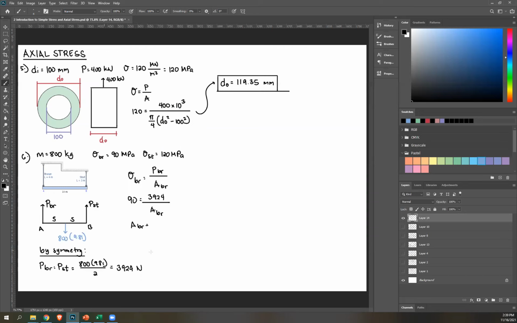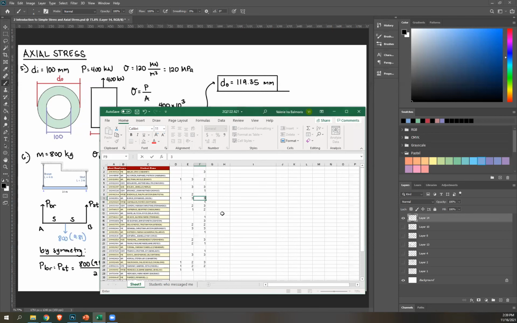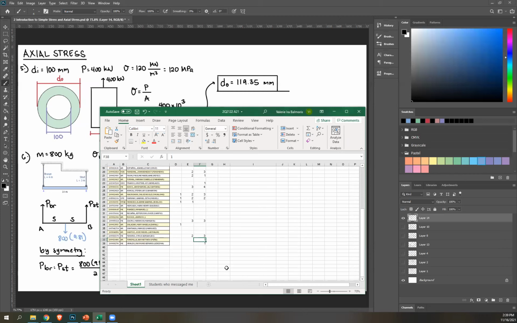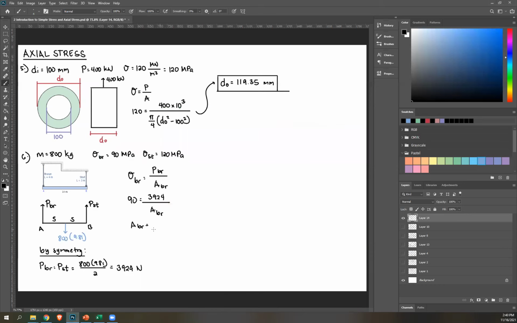Correct, Jan? And Raymond. It's 43.6 millimeter squared, right?